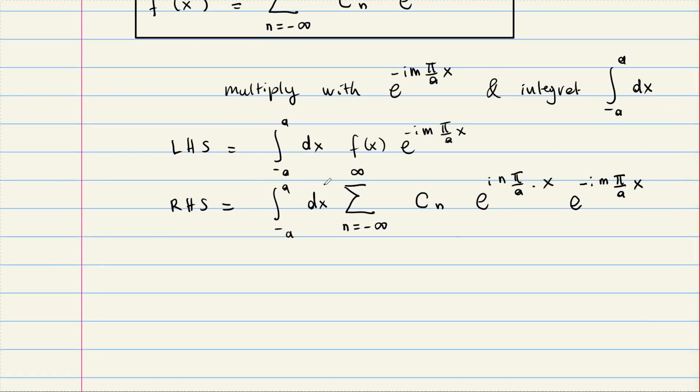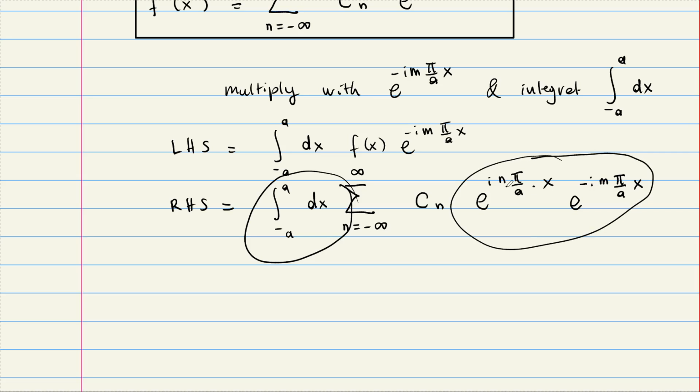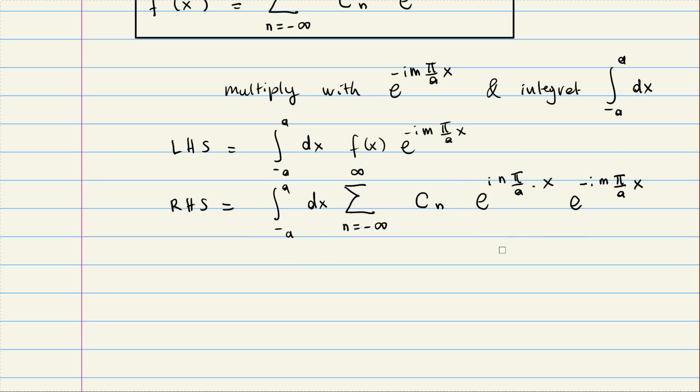But now I look at this integral, right? This integral is an x integral, and the only x-dependent object here is this. So let's then take the integral, minus a to a dx. I'll combine these exponents, e to the i n minus m pi over a times x.